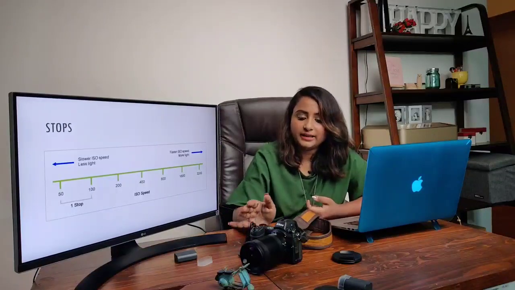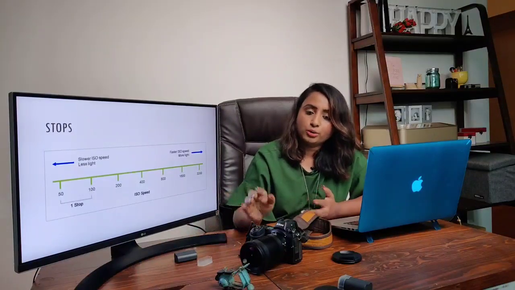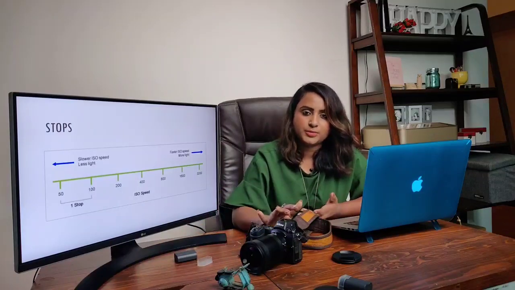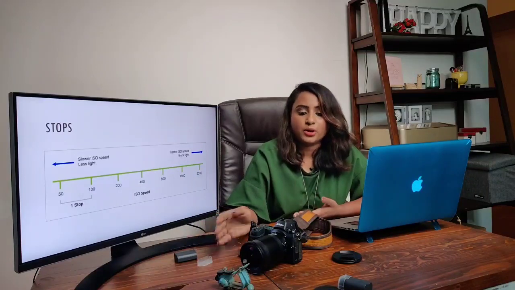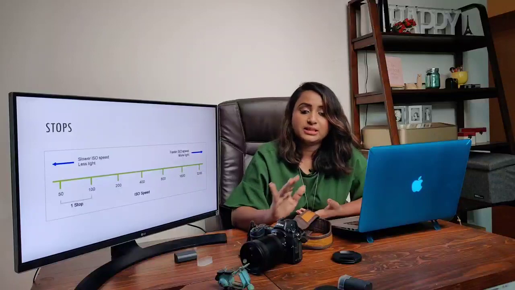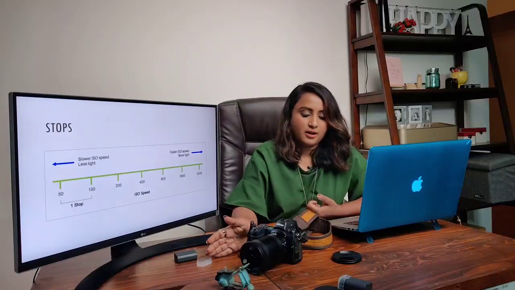That's how you decide what exactly you want in your picture, whether you want more depth, or faster shutter speeds to freeze the motion, or you can manage with slightly slower shutter speeds or a wide open aperture, or if the light available is very low, then increase your ISO. Usually the way I work is I always ensure that ISO is the last thing that I change.